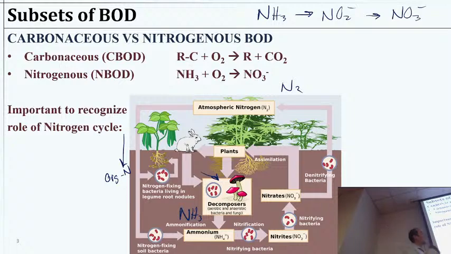From there, then the oxygen demand could happen, and you would get nitrites, nitrates, and then we have some bacteria that'll take those back up to N2 gas. You have to give them the correct form, but they'll take this from NO3- and send it out into the atmosphere as N2.